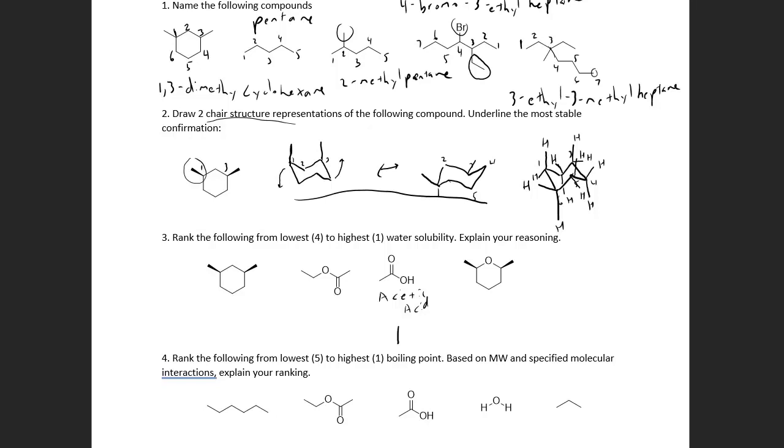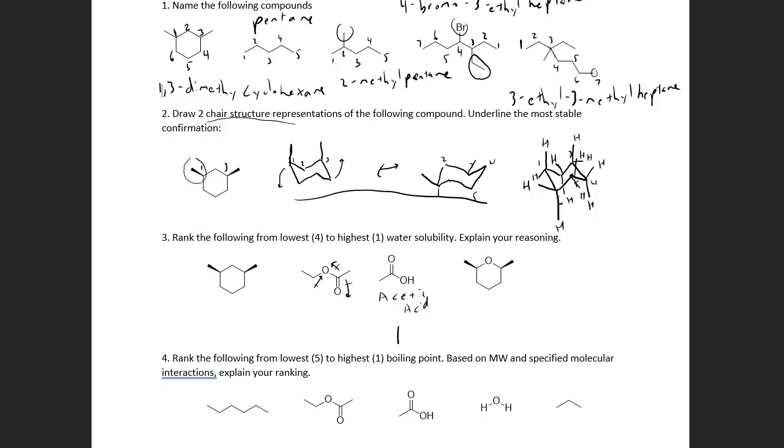I probably said ethyl acetate earlier because I was thinking of this. So this has definitely some bond polarity. So we've got electron density moving towards our oxygens there and there. Since that has some polar regions in it, it is going to interact with polar solvents, and water is a polar solvent.